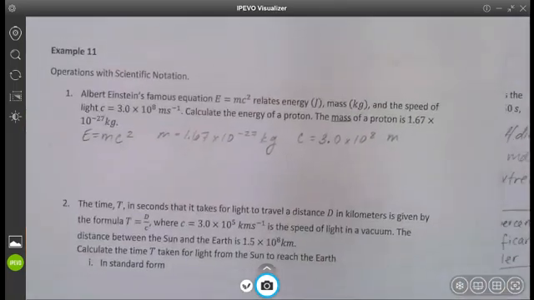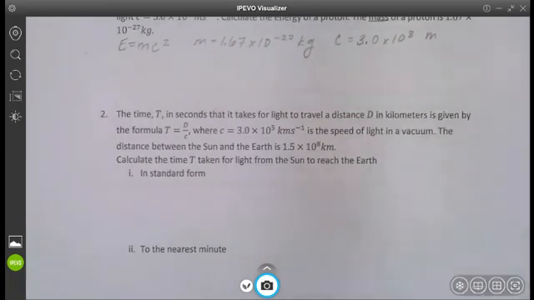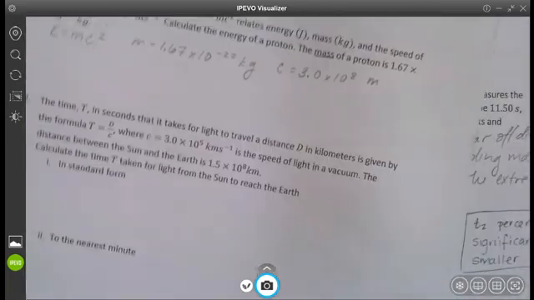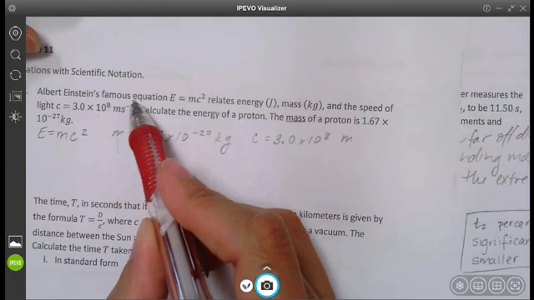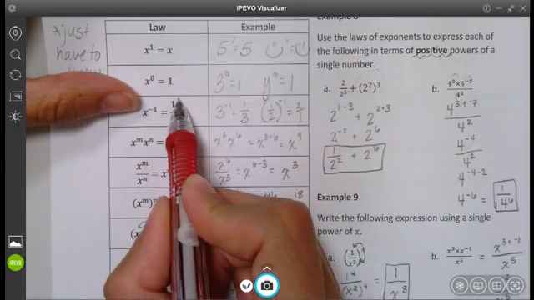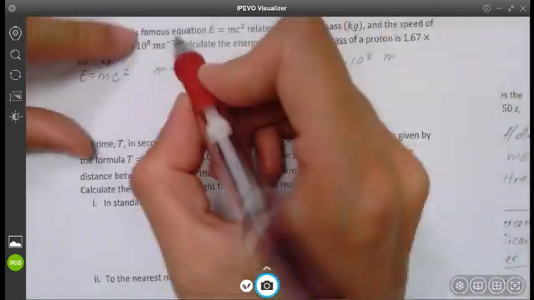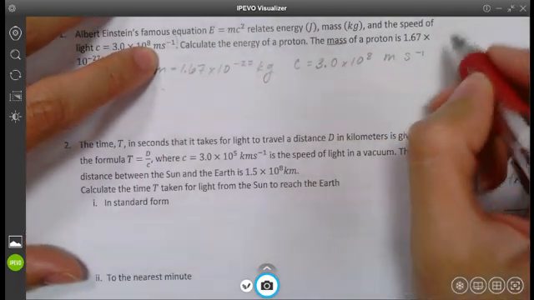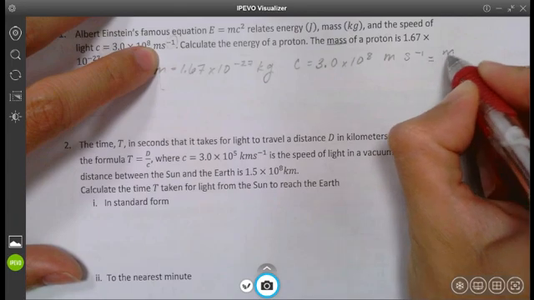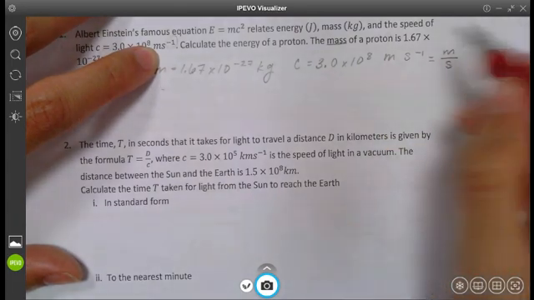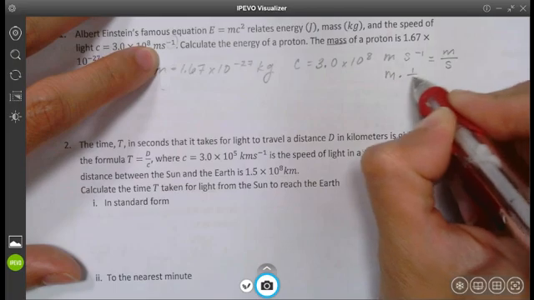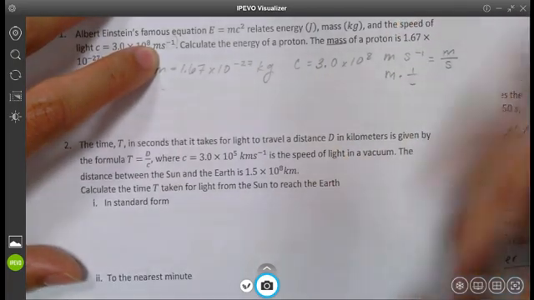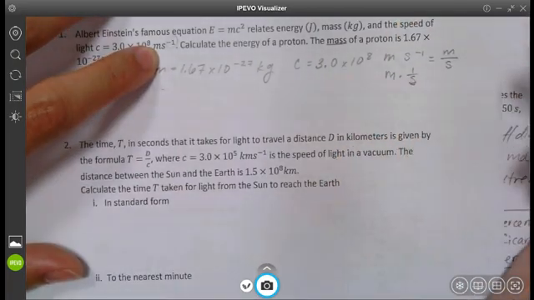So remember, with our laws of exponents in our previous notes, that to the negative 1 means 1 over that thing. So this is a weird IB way of saying meters space second to the negative 1, which is meters over seconds, because it becomes meters times 1 over seconds, which becomes meters over second, meters per second.